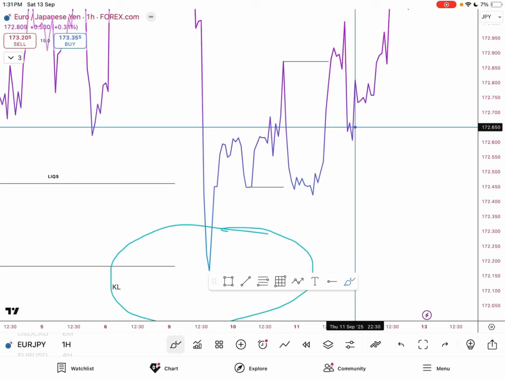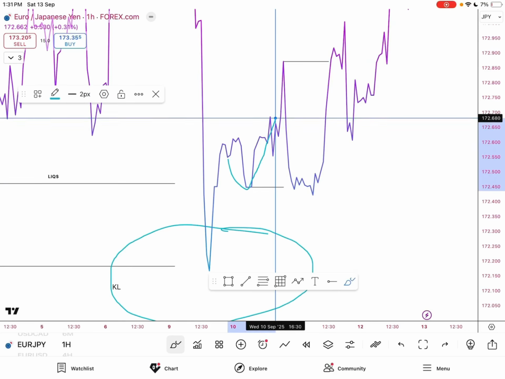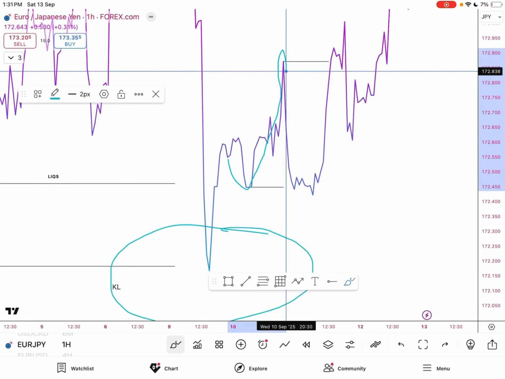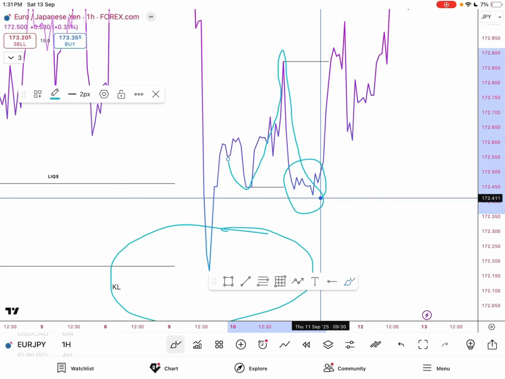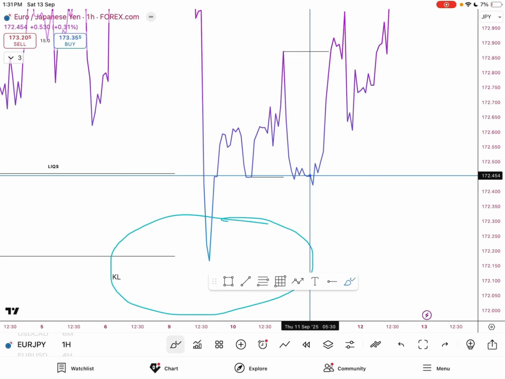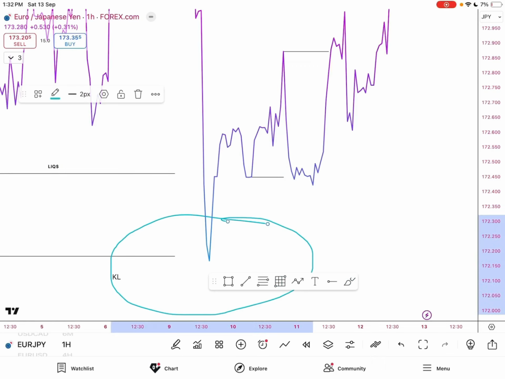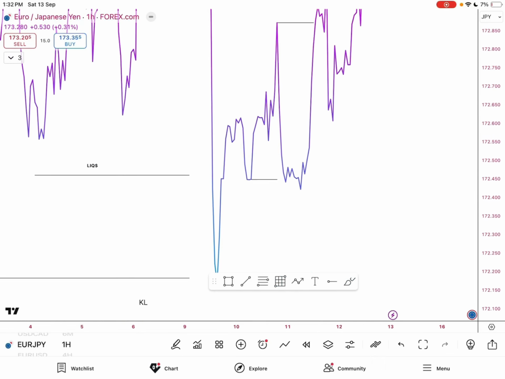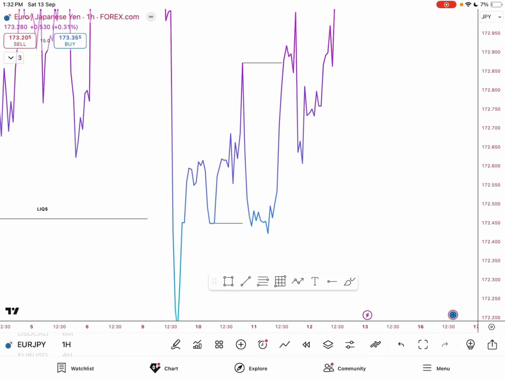The move was a very impulsive move. The price started to go from here and opened a breakout structure. Here it will be the sweep, and this impulsive move broke this structure. So I take this one because of clarity. That will give more clear information on this sweep and this breakout structure.